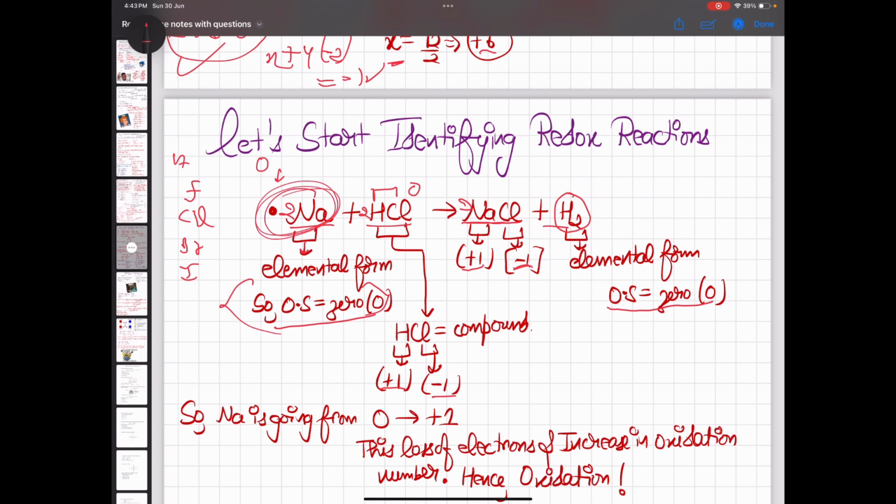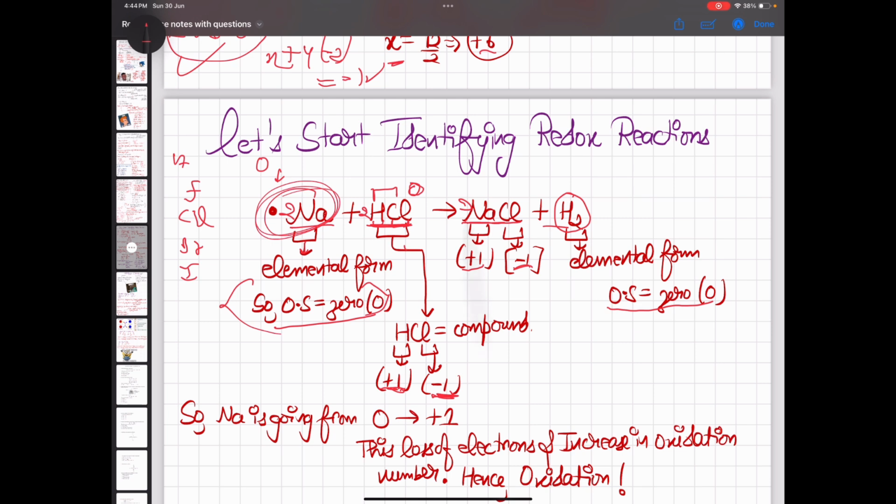If you look at HCl here, it's a compound, so the total charge is 0, but individually one will have positive, the other negative charge. Chlorine being a non-metal, non-metals want to gain electrons. So chlorine has a valency of 1, oxidation state will be -1. Hydrogen always forms +1 with non-metals.